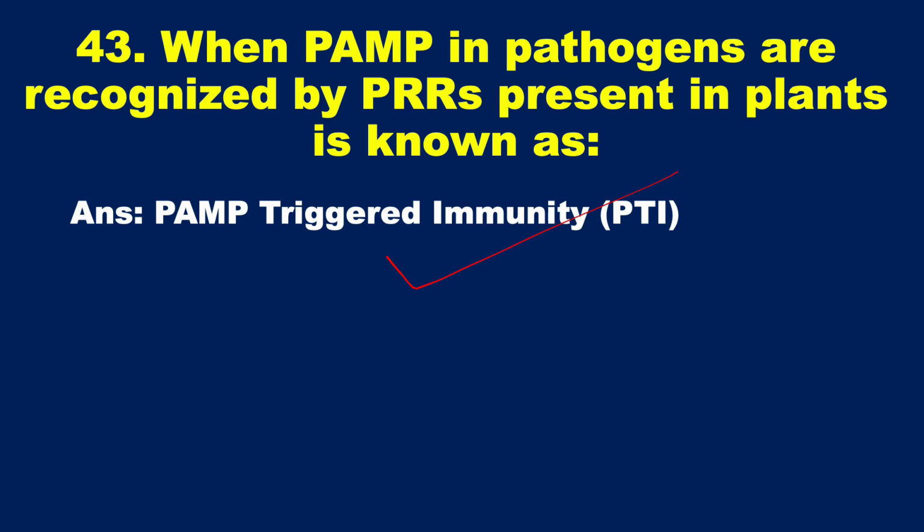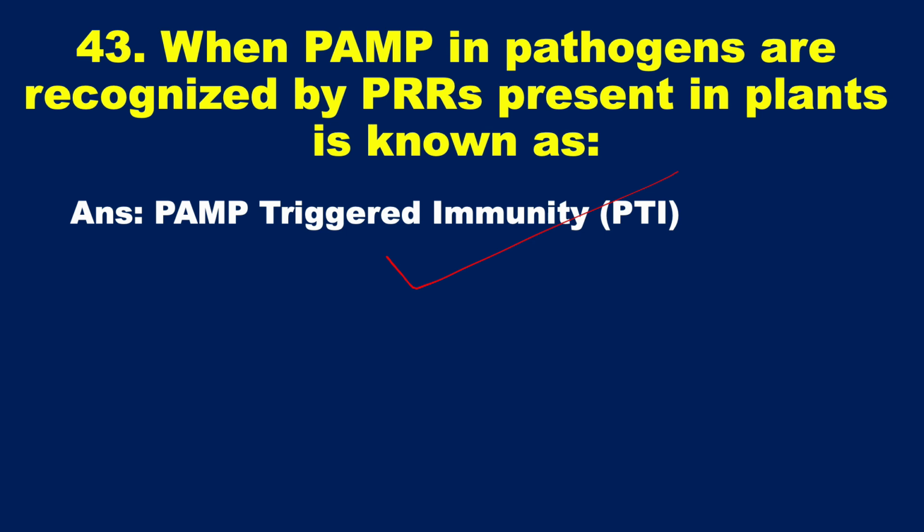So when a plant detects these PAMPs, it triggers a series of defense responses toward the invading pathogen. These responses include the production of reactive oxygen species, activation of mitogen activated protein kinases (MAPKs), and synthesis of antimicrobial proteins.